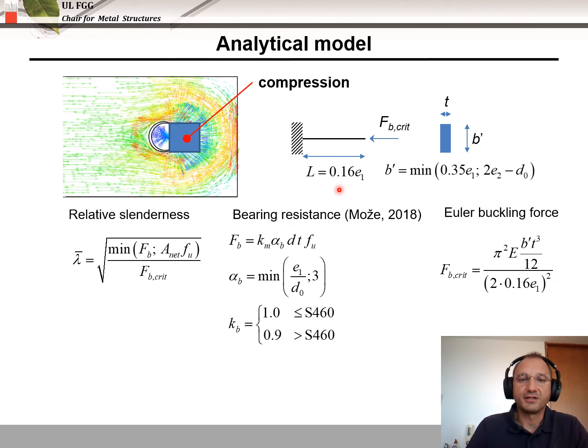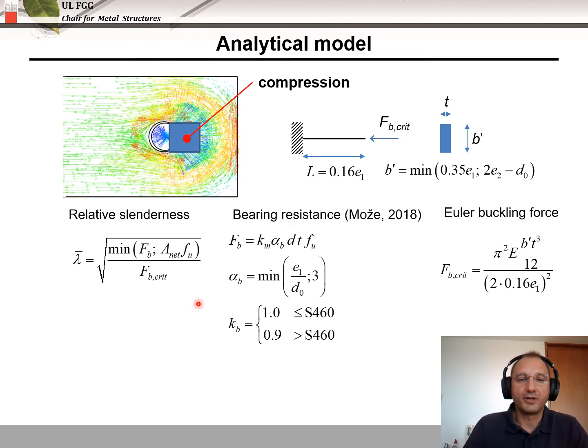The length of the cantilever was defined as the length where the compression stress is approximately uniform, while the effective width equals 0.35 of the end distance, but not more than the net width of the plate.